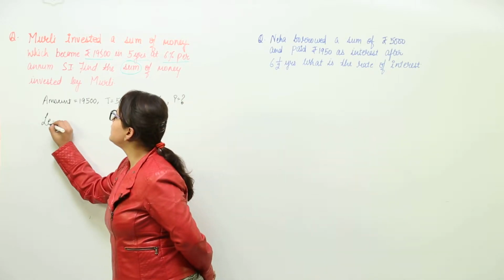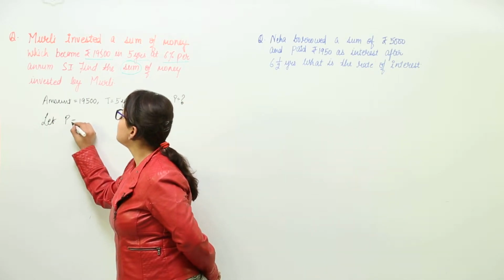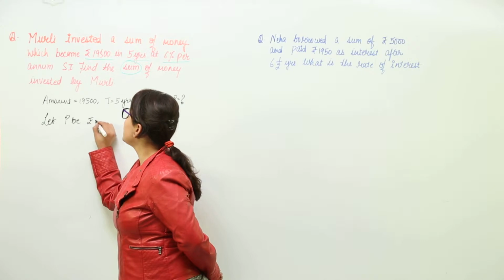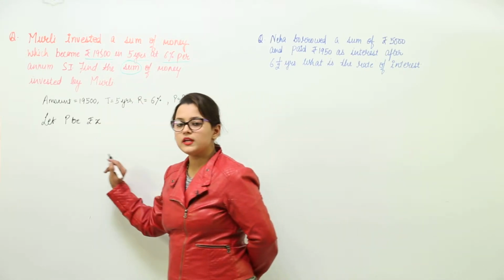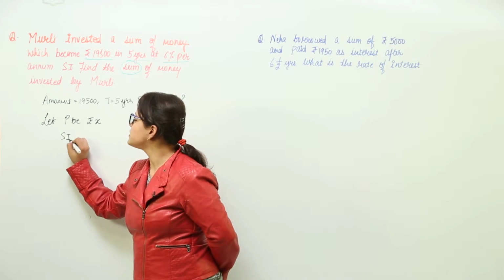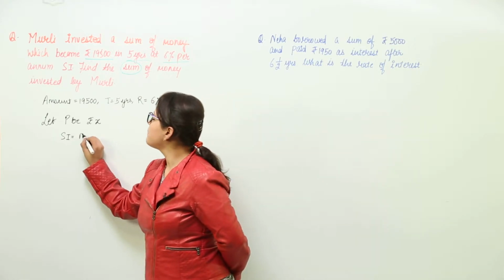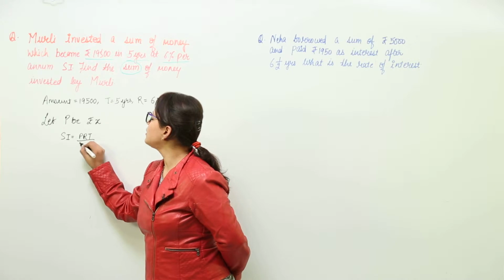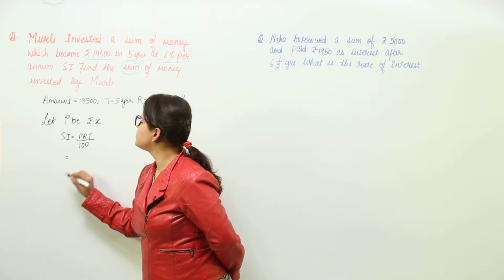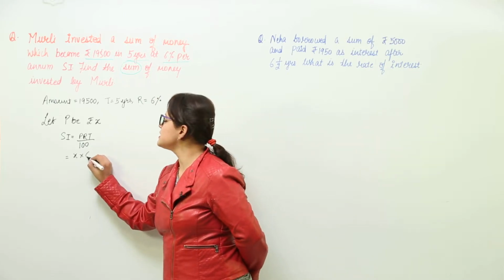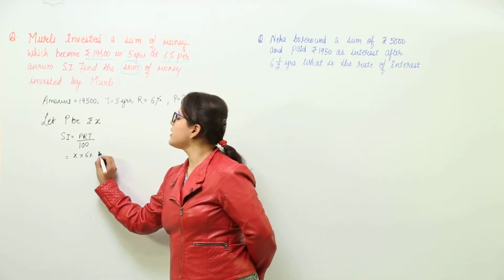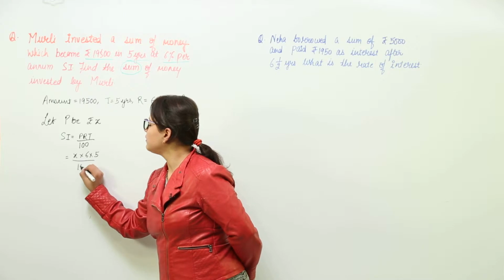Let the principal be rupees X. Now I have assumed the principal to be rupees X, so I can calculate my simple interest. My simple interest would be PRT upon 100. This is equal to P is X, rate of interest charged was 6%, the time is 5 years, whole upon 100.